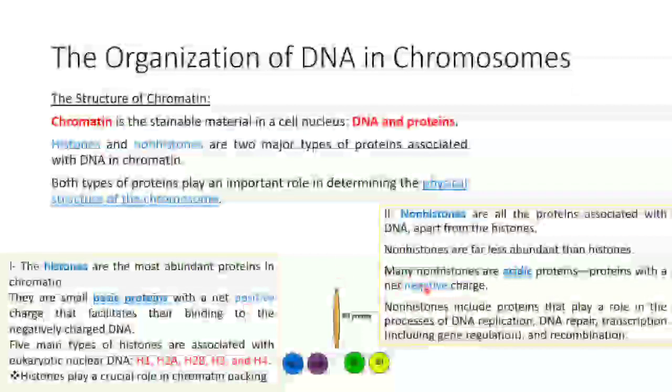They are negatively charged because they are composed of acidic amino acids. These non-histones also play roles in the process of DNA replication, DNA repair, recombination, and transcription.